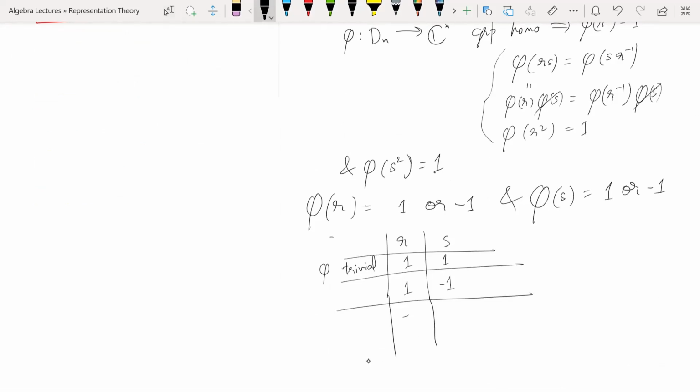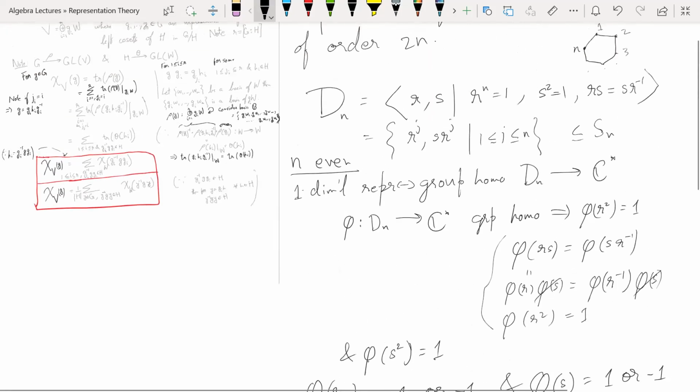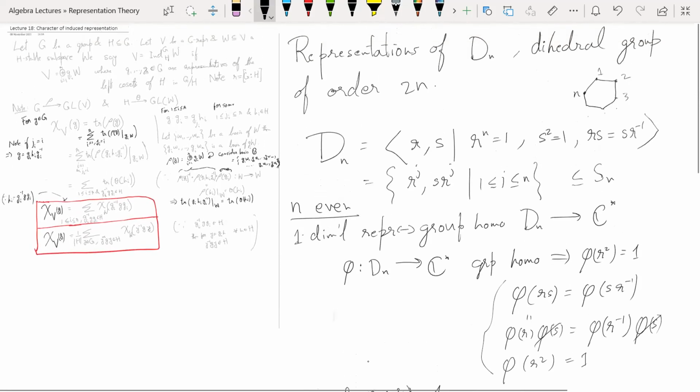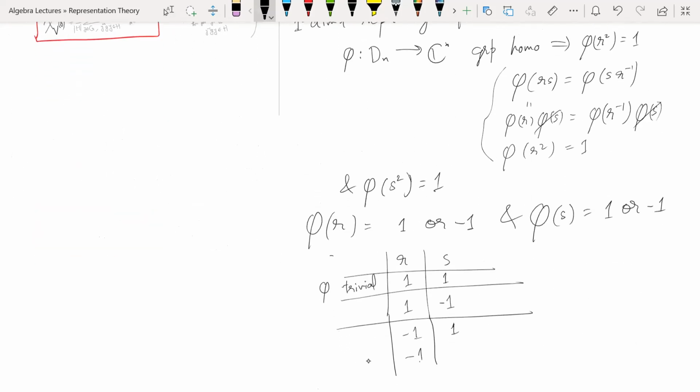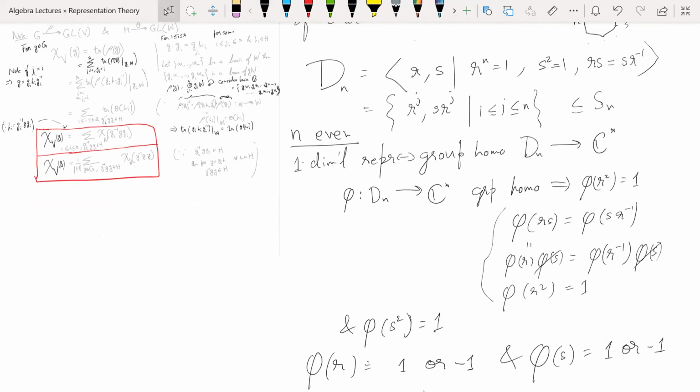Then you can take the value for R to be -1 and S to be 1. So that also defines a group homomorphism. And finally, -1, -1. That also defines a group homomorphism. So R goes to -1 and S goes to -1. All you have to check is that these relations are satisfied.